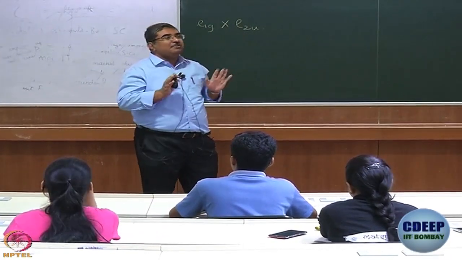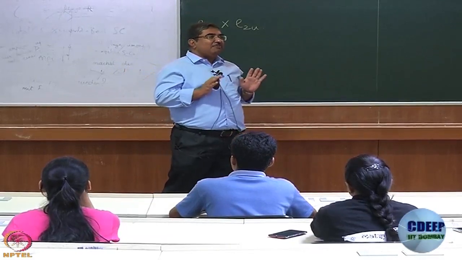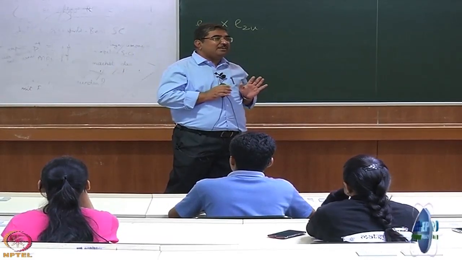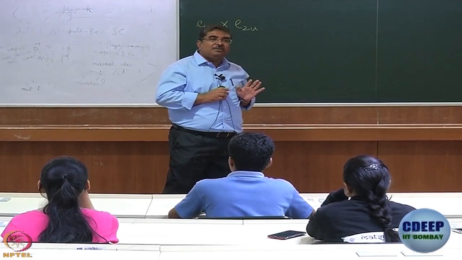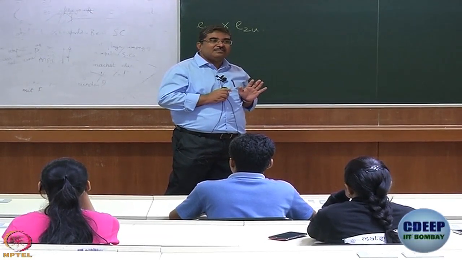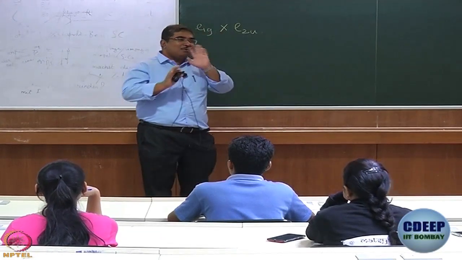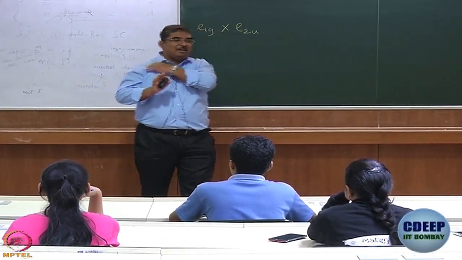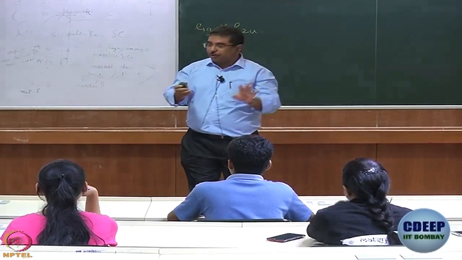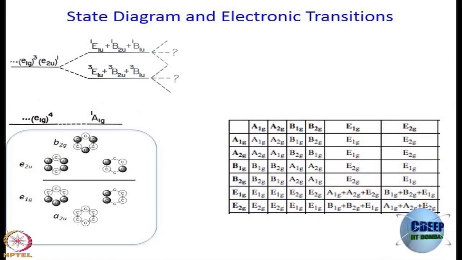In fact, you have encountered this situation, I am sure. Have you heard of the no crossing rule? Some have heard, some have not. But the no crossing rule is really a manifestation of configuration interaction. But for now, let us neglect all these dashed arrows and question marks. Let us stick to singlet and triplet, E1U, B2U, B1U.